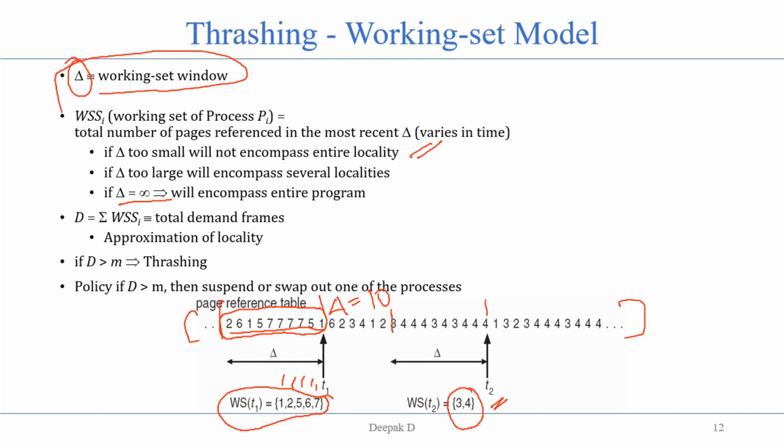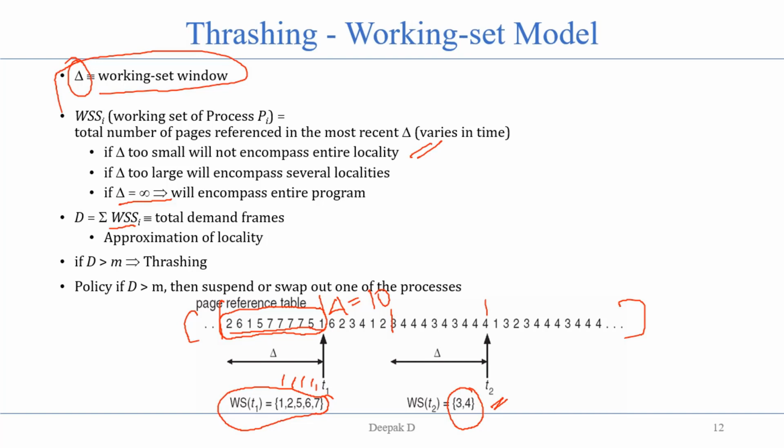The most important property of the working set depends upon its size. If we are able to compute the working set size, that is WSS, of that particular process, then the maximum problem will be solved. Here you can see the formula D equals summation of WSSi.